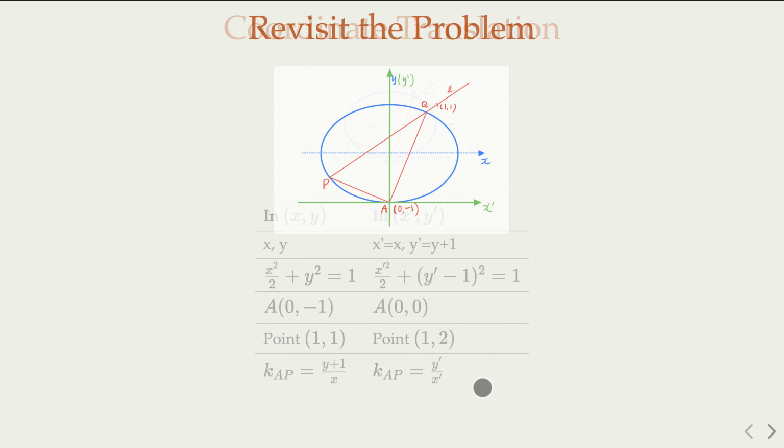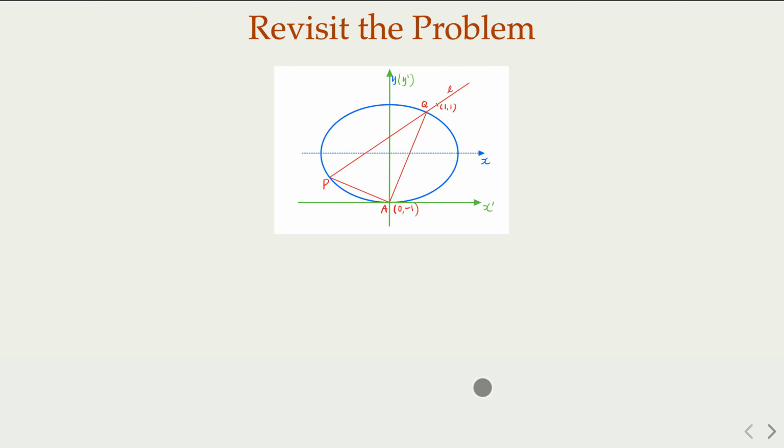All right, so let's revisit the problem by looking at the new coordinate here. What is the equation? As earlier, we said the equation is this, which can be further simplified. All right, that's good. How about the line equation here? Since the line equation does not pass through the origin, we're going to use a different form for the straight line.